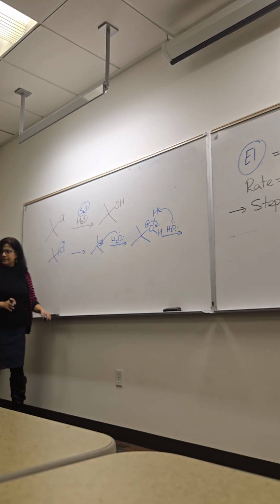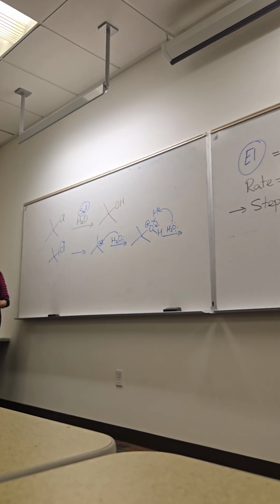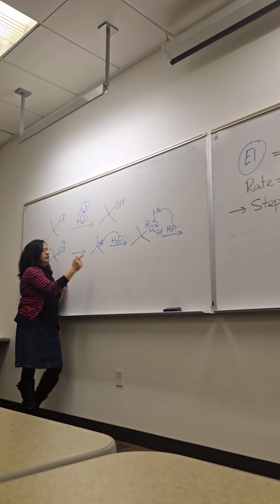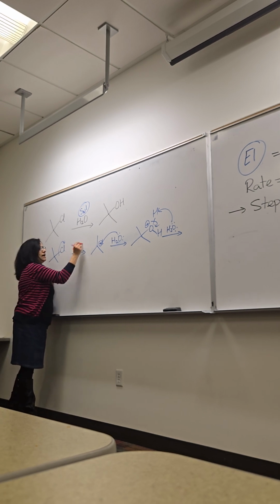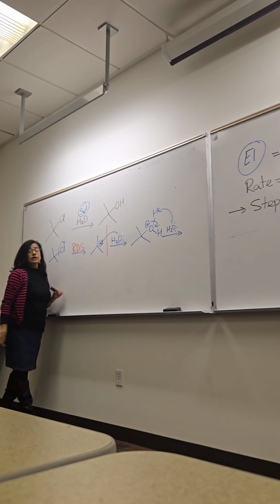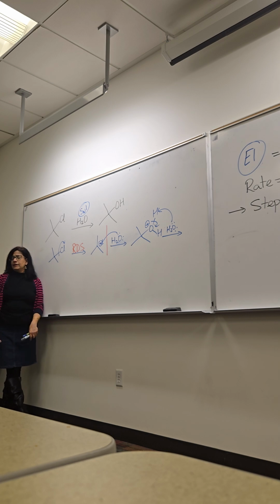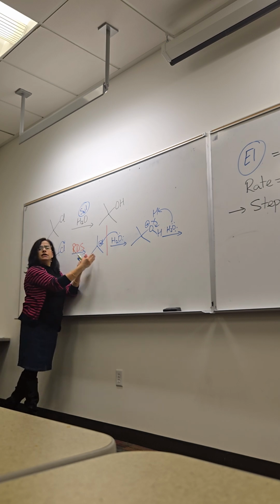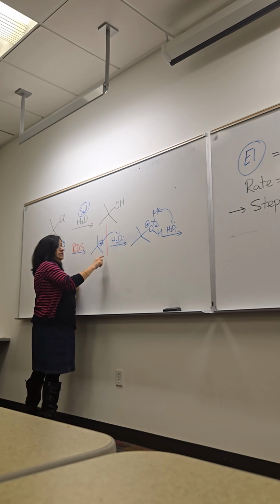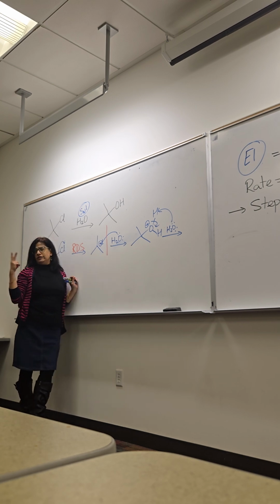Everybody okay with that? Why are we doing SN1? We said we were doing E1. Because till this step, they are the same. Exact same. The rate determining step is making the carbocation. As soon as the carbocation is created, water has two choices.